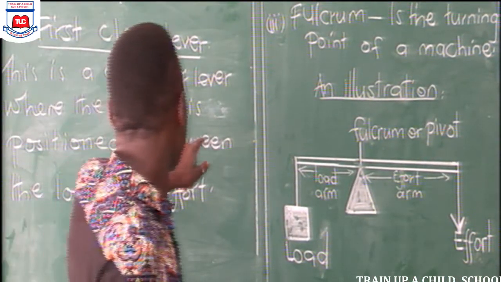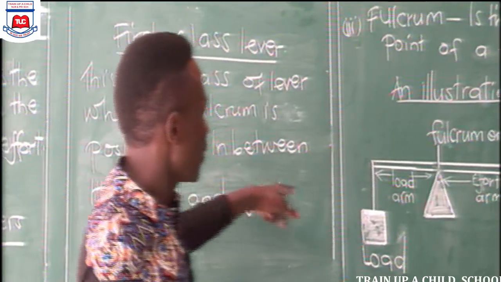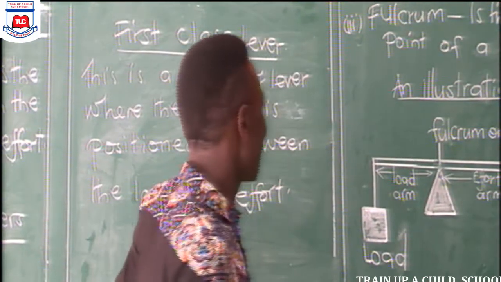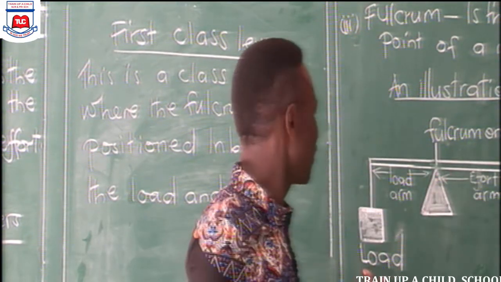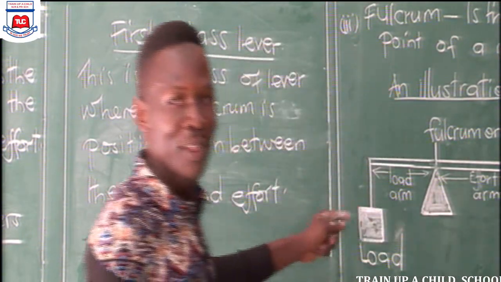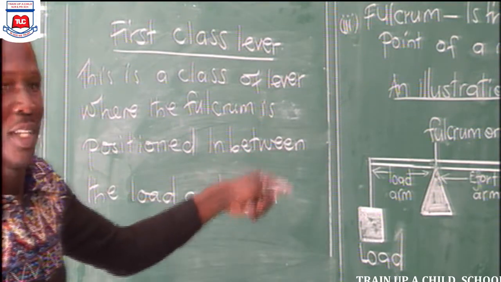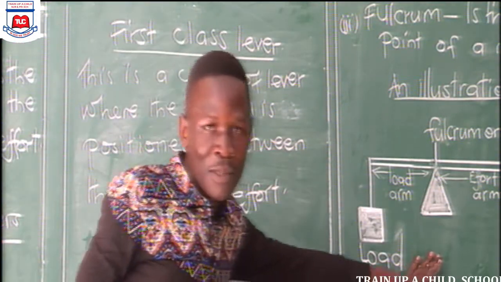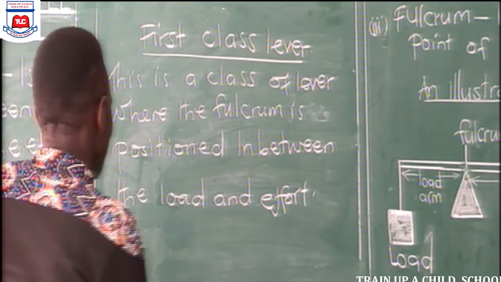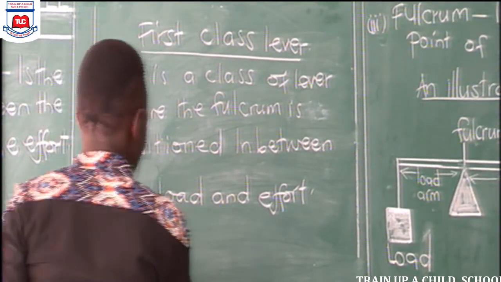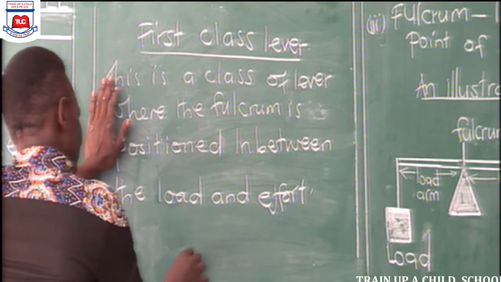So in an illustration, we are going to have one diagram whereby we have the fulcrum or pivot positioned in between the load and the effort, using another example of a simple machine. Here, I'm going to have a diagram of a crowbar.